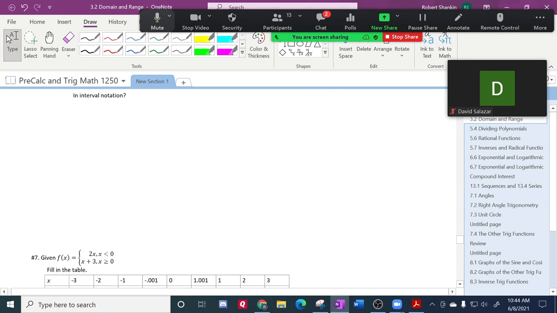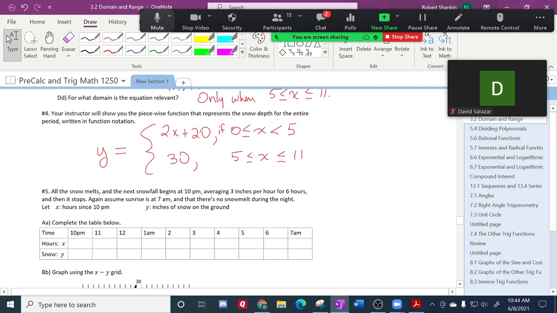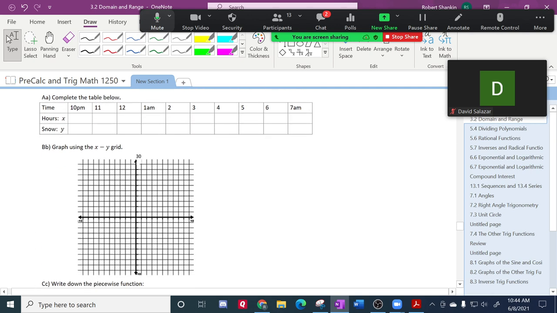So, when you're doing the spot check, when you get to the piecewise function part, you don't have to do that part.